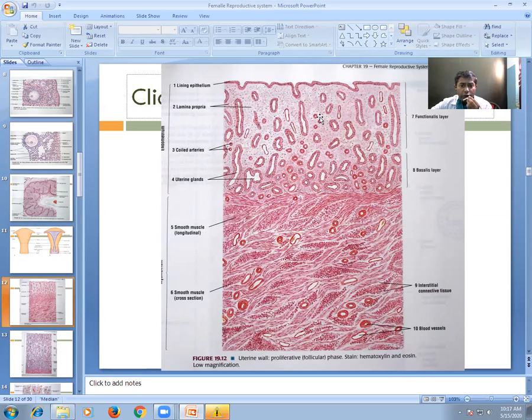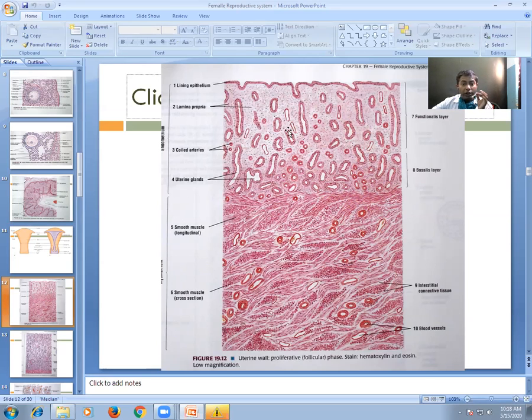The shape of the uterine gland depends upon the stage of the menstrual cycle. Here, the uterine glands seen in the lamina propria are not coiled. Coiled uterine glands are seen in the secretory phase of the menstrual cycle. So these uterine glands are straight glands.